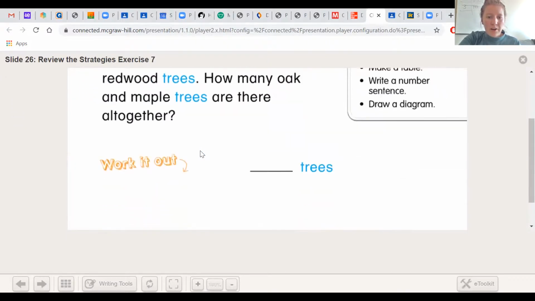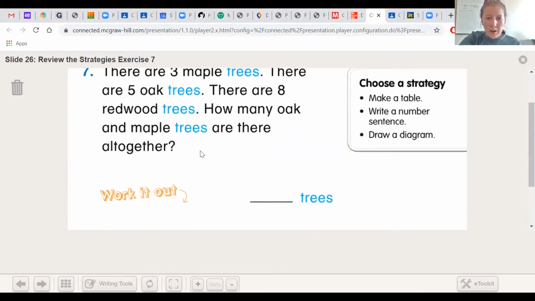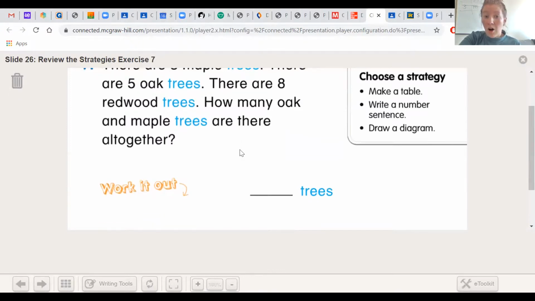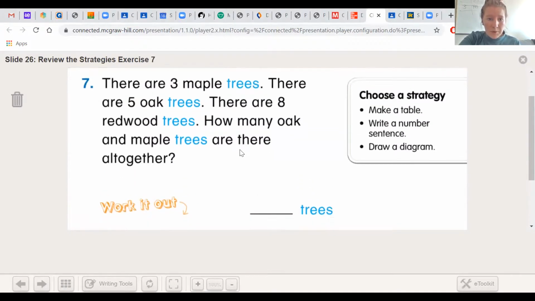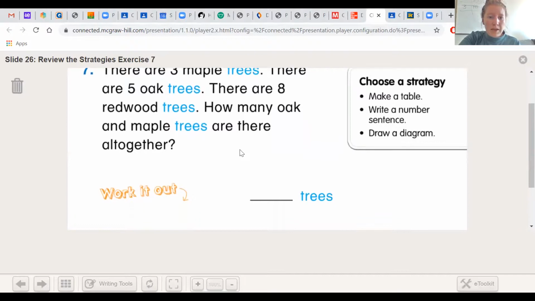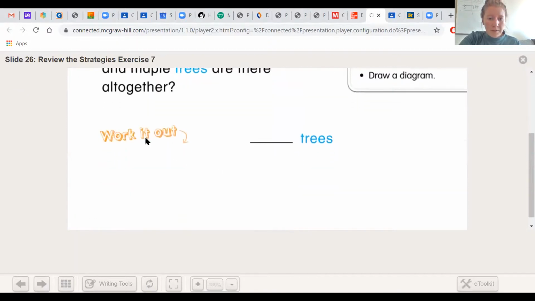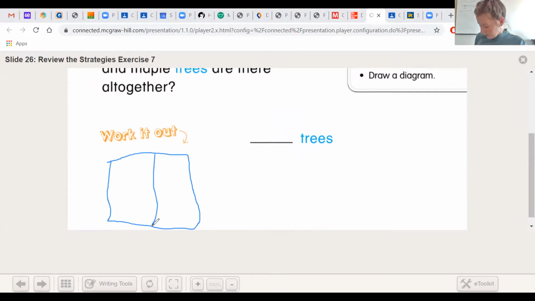There are 5 oak trees. How many oak and maple trees are there all together? So I'm going to make my table right here. So I see that there were, I'm going to do an M for maple.